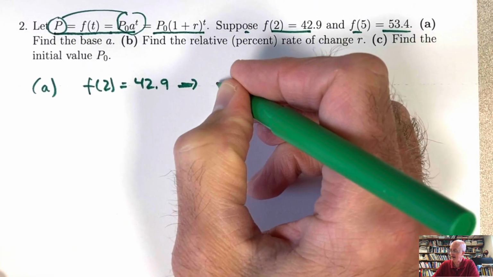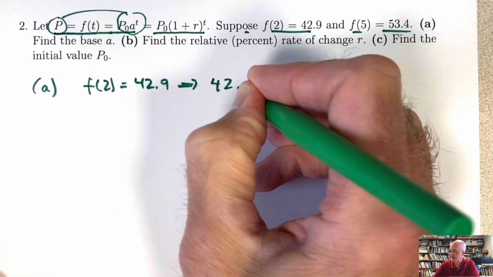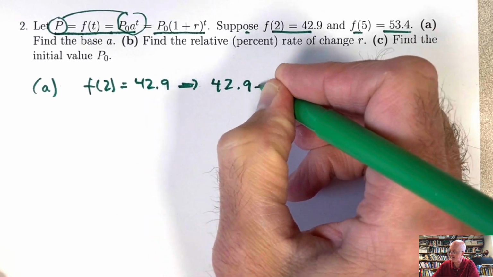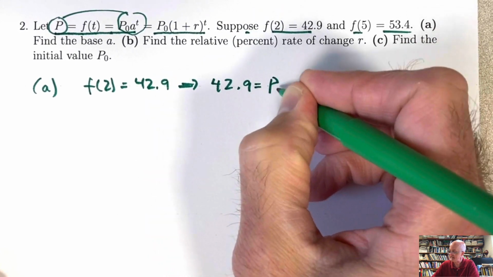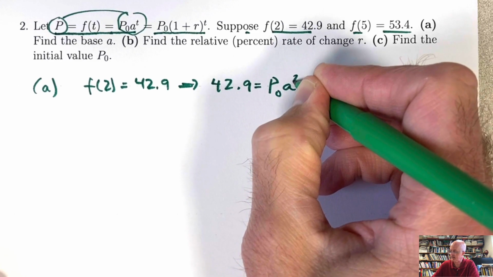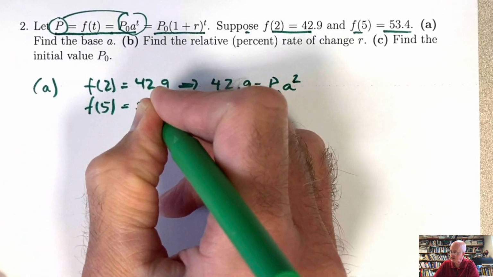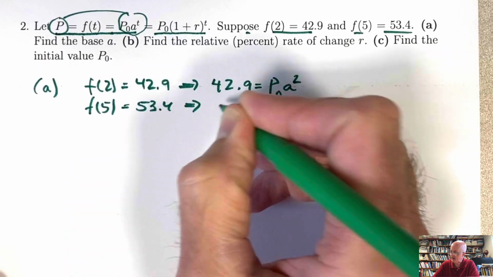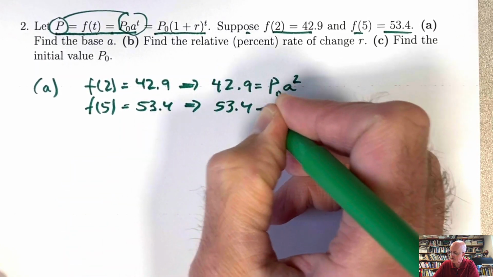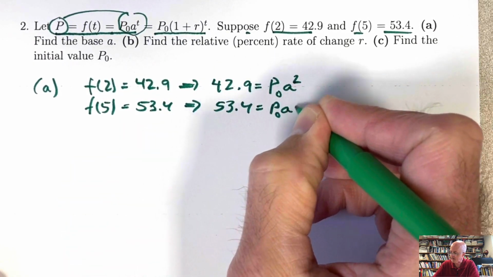I could say, I'm going to switch the sides of these things, 42.9 is f of 2 is p sub 0 times a to the second power. F of 5 equaling 53.4 implies that 53.4 equals p sub 0 times a to the 5th power.